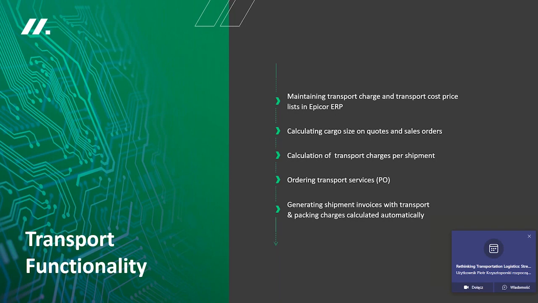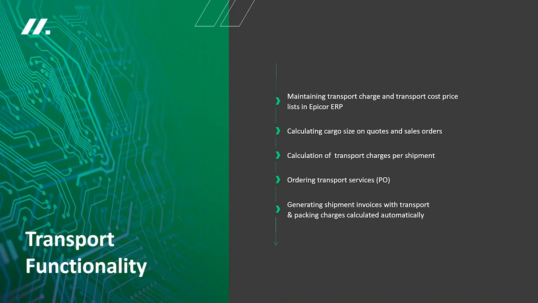Well, we will be talking about how we covered those requirements, basically about maintaining transport charge and transport costs list in Epicor ERP, calculating cargo size on quotes and sales orders, and calculation of transport charges per shipment. So the actual charges per actual shipment with obviously the actual cargo size.